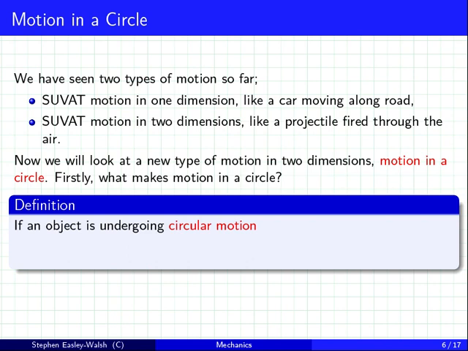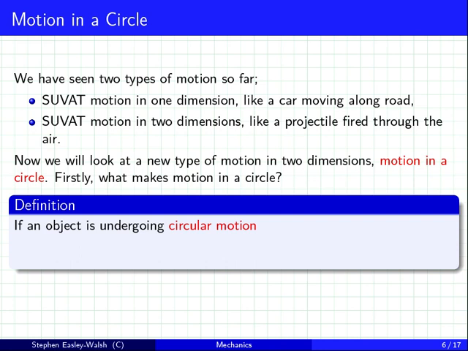Go on. Good. What about it? Perpendicular to the radius. Is what? What is perpendicular to the radius? No. You're thinking of the velocity is perpendicular to the radius.